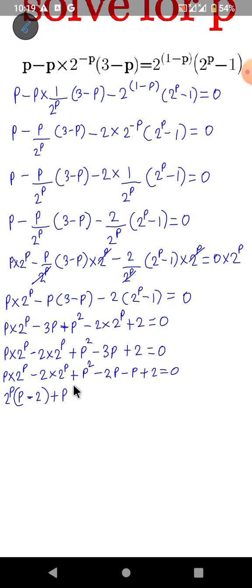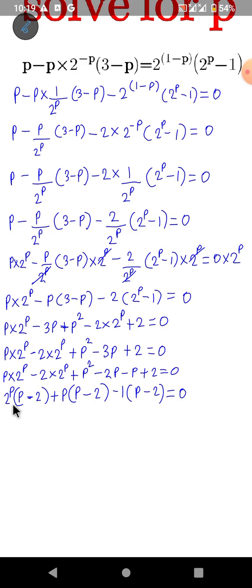So we say plus p. Then p square divided by p, we have p. The minus 2p divided by p, we have minus 2 also. Then here will be p minus 2, then minus p divided by p, we have minus 1. Then everything is equal to 0. So now it is properly factorized.